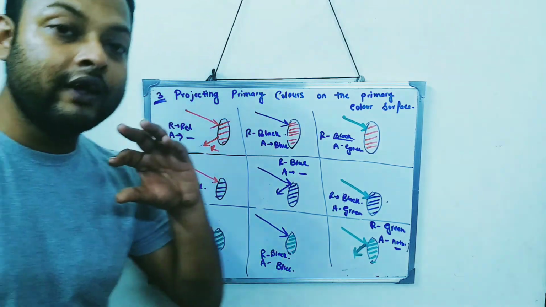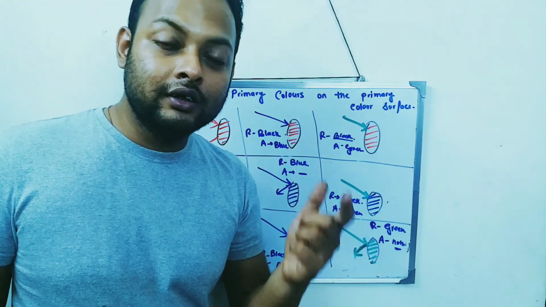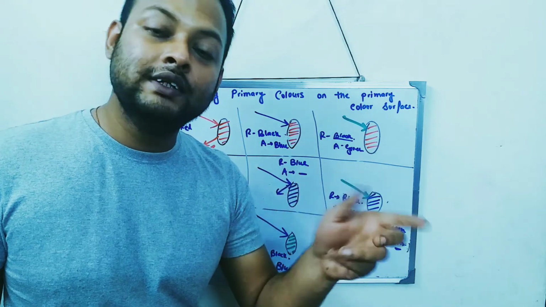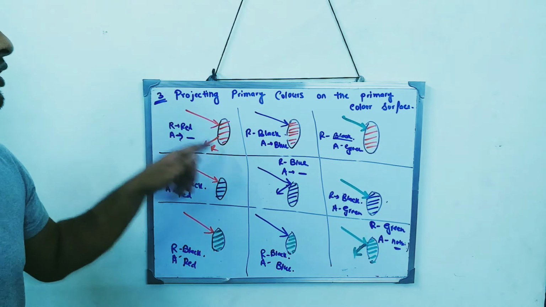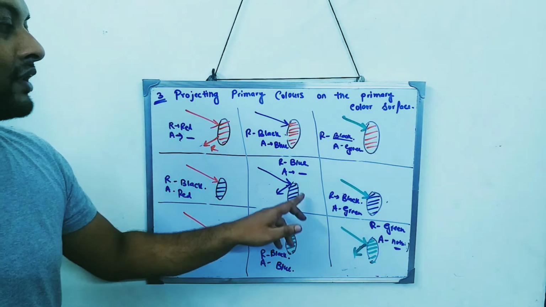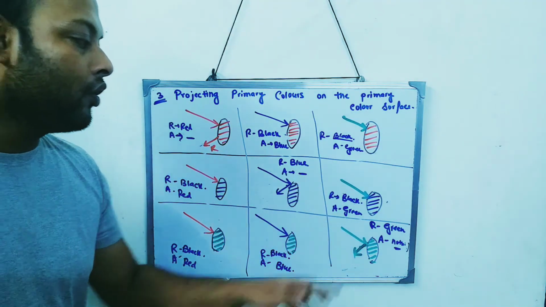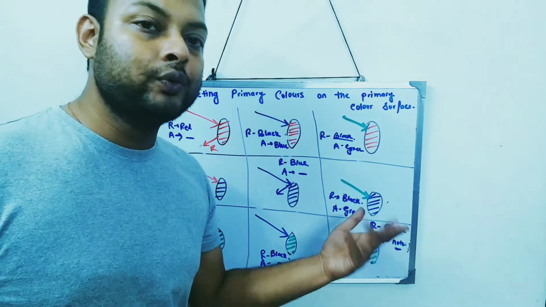The surface appears in that color which it reflects. Over here it reflects the red color, so that is why it is red. Over here it reflects the blue color, that is why blue. Over here it reflects the green color, that is why green.